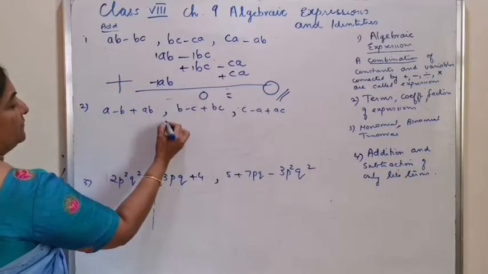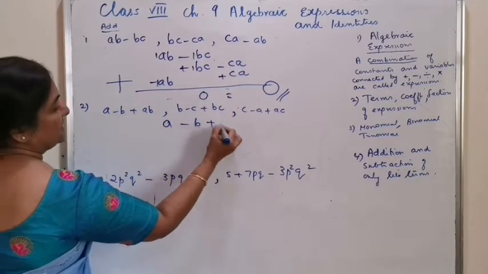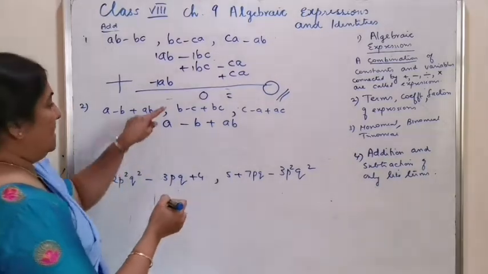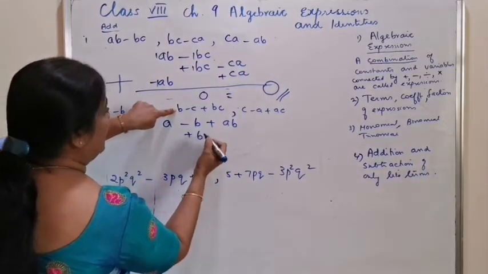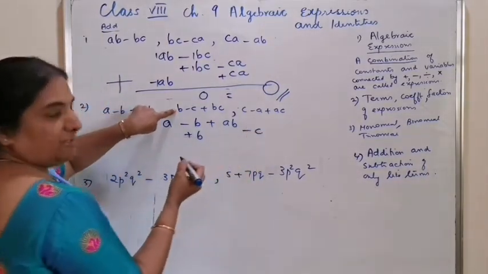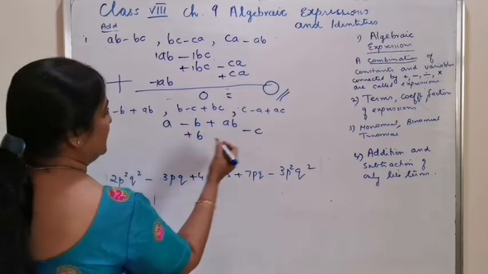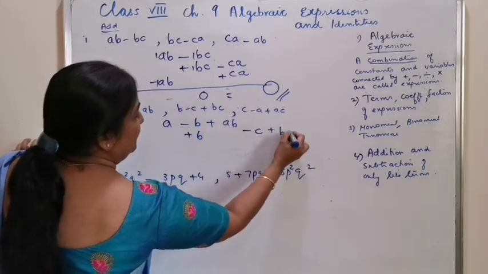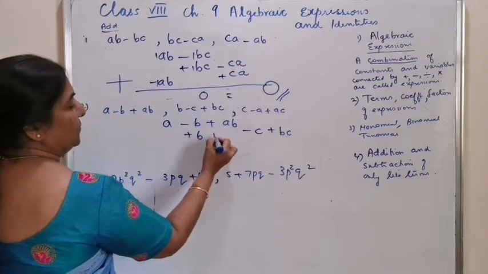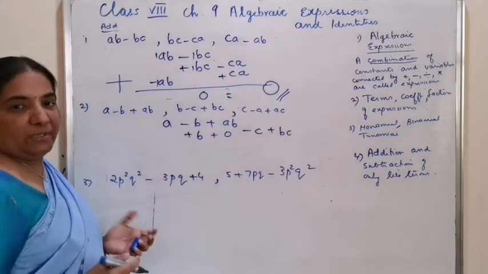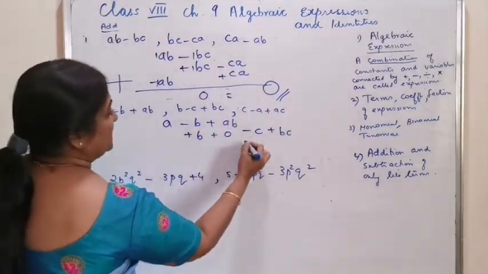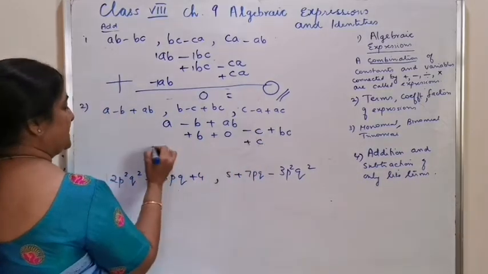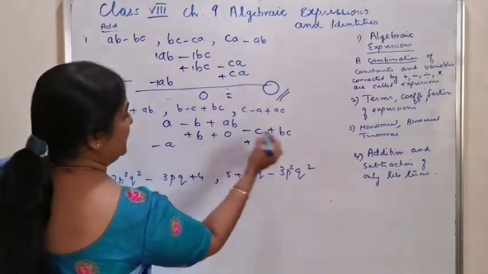Next, the first one you arrange plus AB with the sign, positive B, minus C is something different, plus BC, it is something different. That means it is 0 here. If you want to arrange, you can arrange like that. Positive C minus A and plus AC.